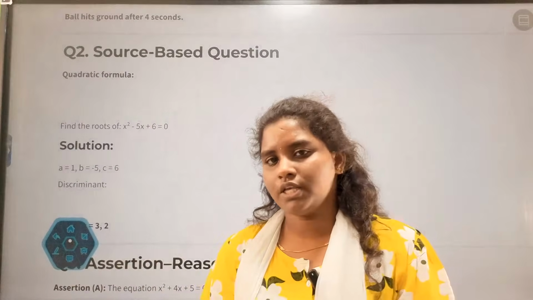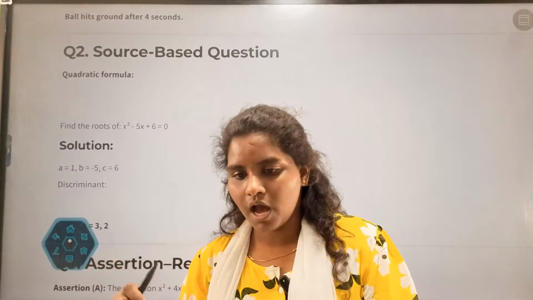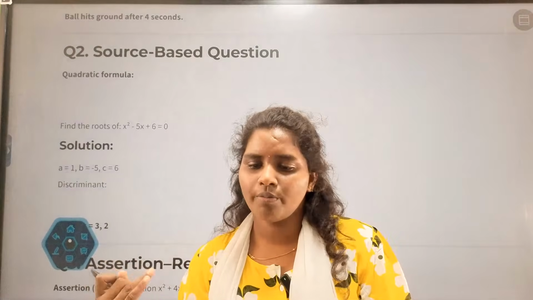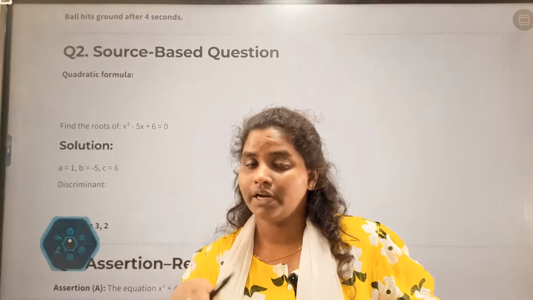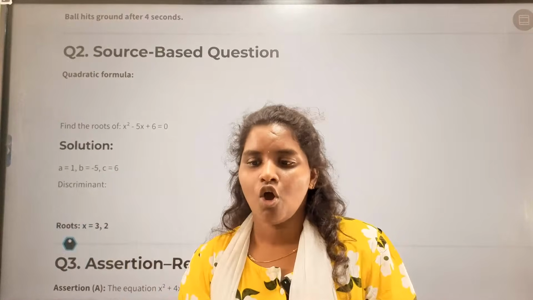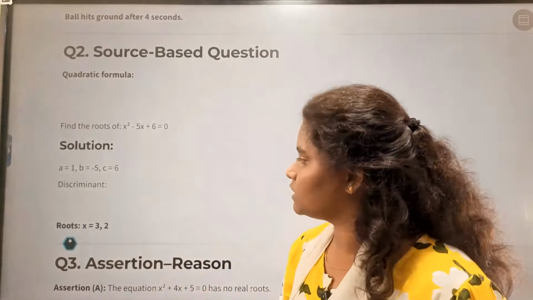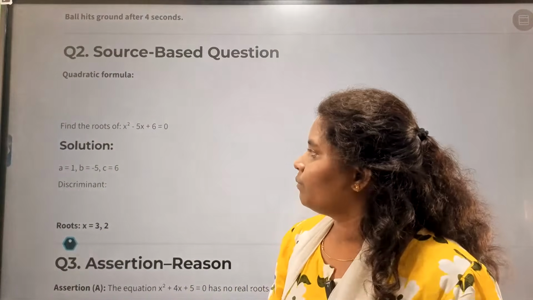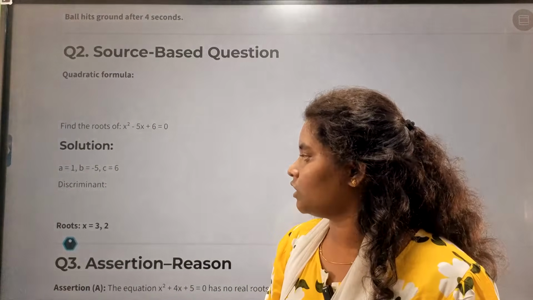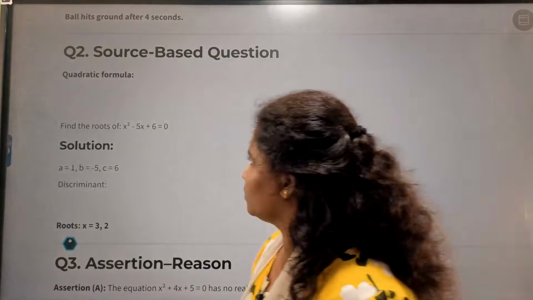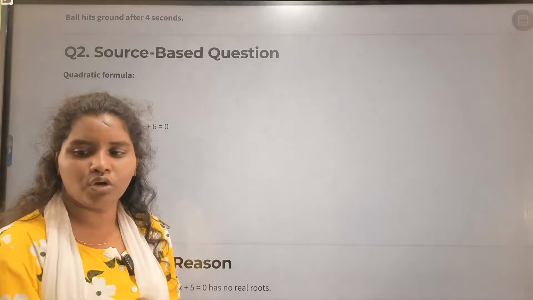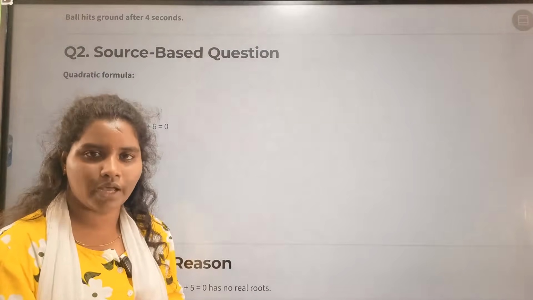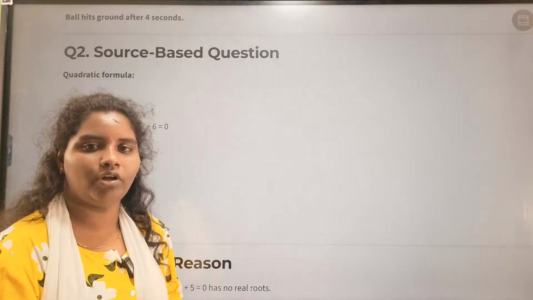By using the quadratic formula, we'll find the x value, or by using nature of roots also, that is splitting the middle term, we'll try. Nature of roots means just b square minus 4ac also we will try, right? So from the starting itself, we'll check whether the root is real, imaginary, or an equal root.